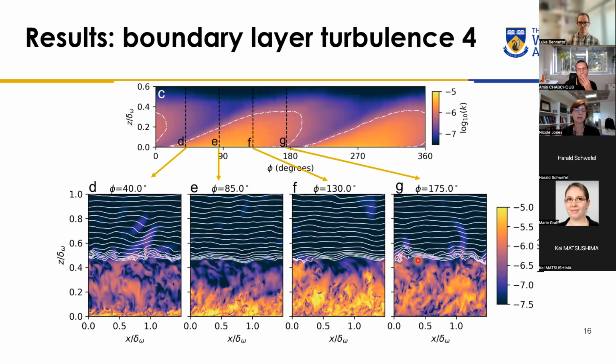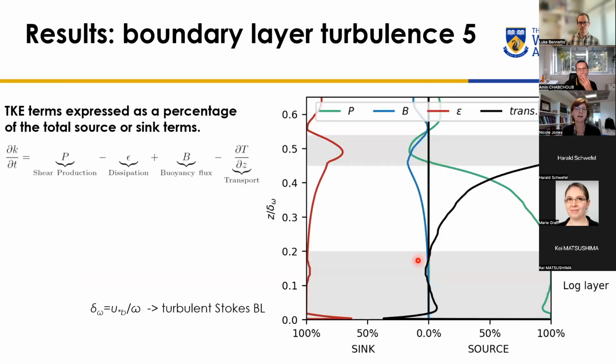This can be summarized in this diagram here, where we're looking at cycle average quantities from our turbulent kinetic energy equation to look at the role of the different terms. We see, as we could observe in the field data, that close to the bed, our observations from the LES are well described by a balance between the dissipation in the red here and the shear production in the greens, and the other terms here are very close to 0.